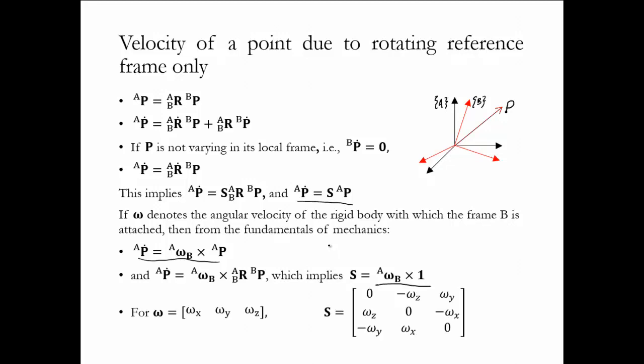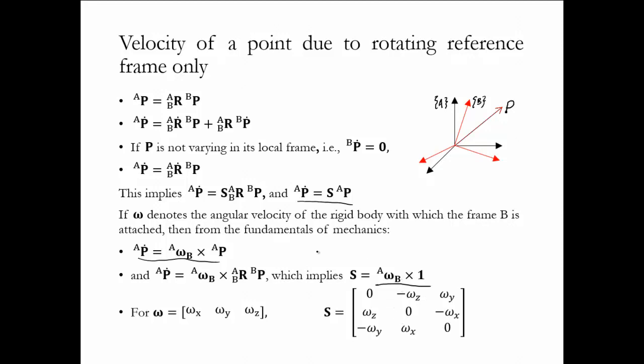If omega has three components, omega x, omega y, omega z, then S is defined this way. This skew symmetric matrix is defined the way I told you already. You have zeros on the diagonals, and then the z, y, and x components in this form, with the off-diagonal elements having symmetry.